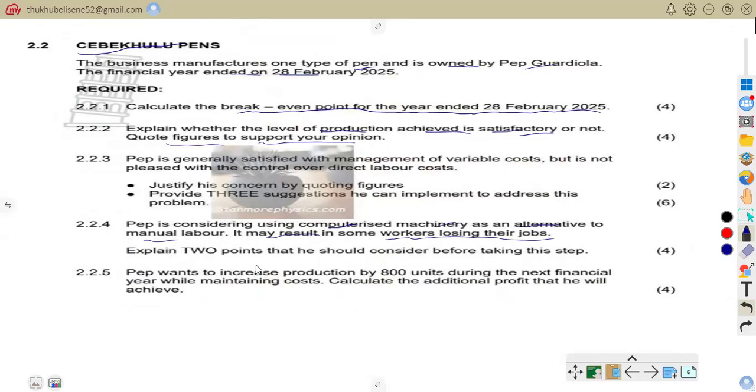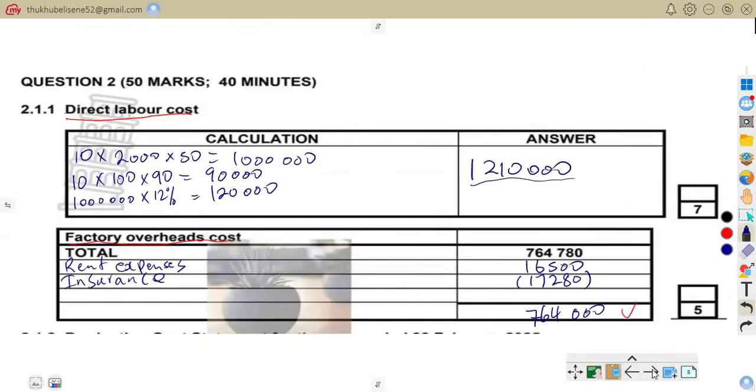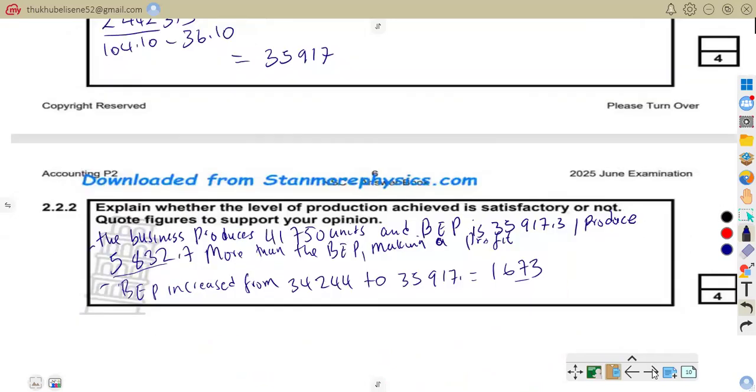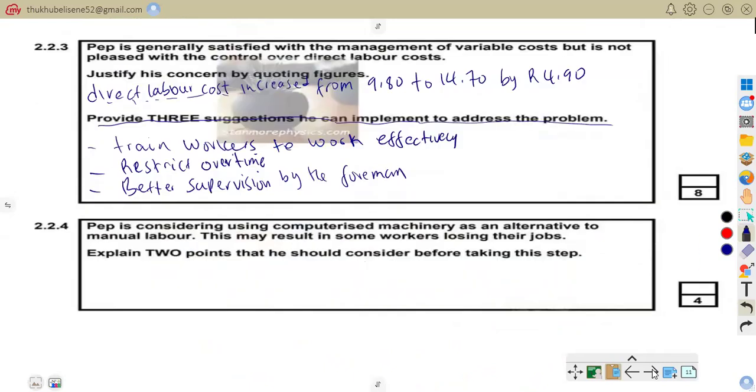Explain two points that he should consider before taking this step of going for computerized machinery. Let us attend to it.